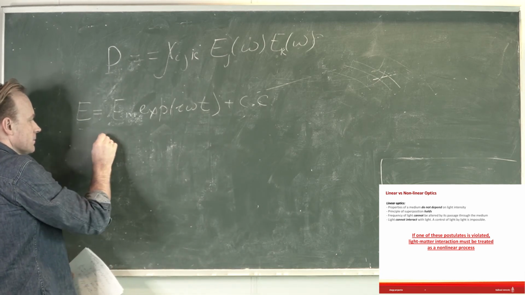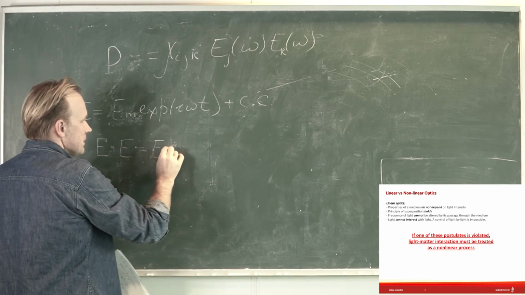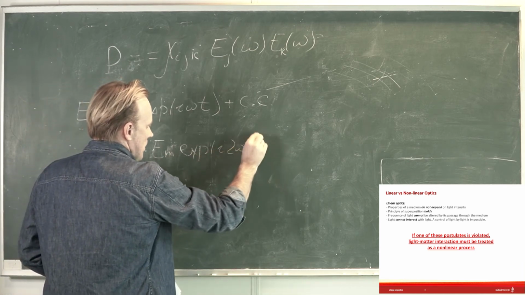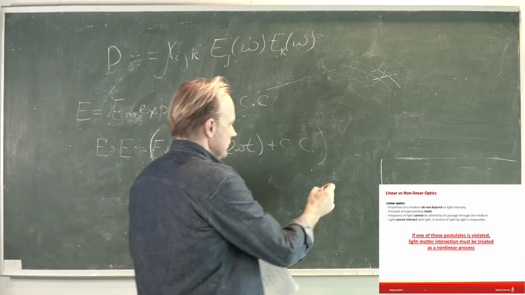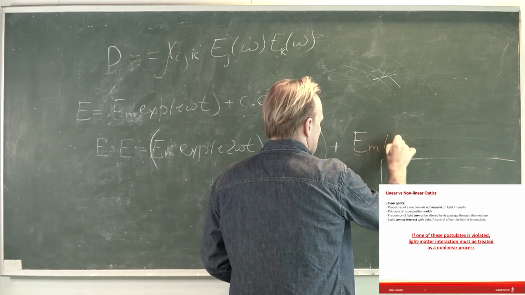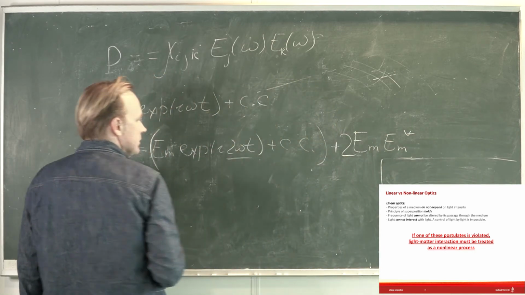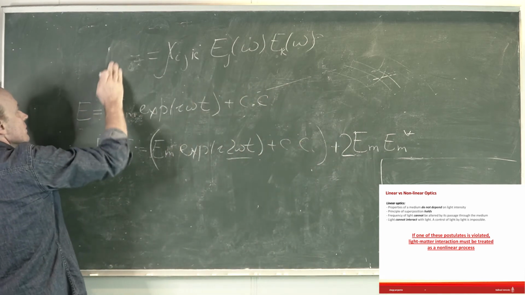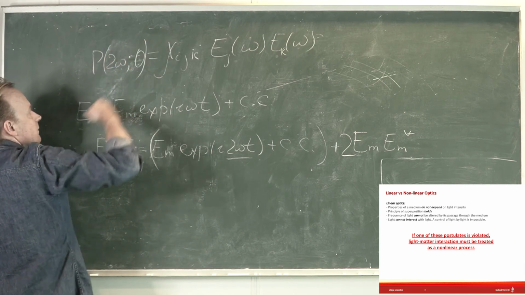And if you find a product of two electric fields, you will see that this product gives me something that changes in the frequency to omega and something that doesn't change at all. So basically the response here would be at the frequency 2 omega and also at the frequency 0.